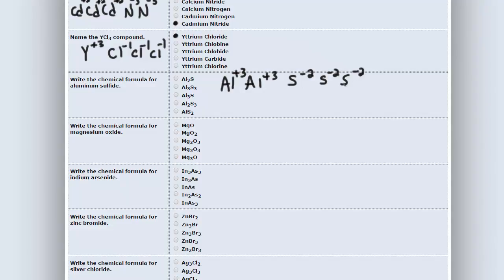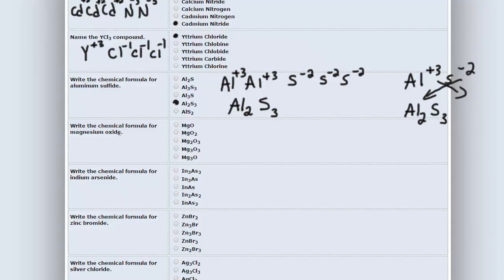We have 2 of the aluminums and 3 of the sulfides. We could also play that crisscross game where we have Al +3 and sulfide -2, and we get Al2S3 right here.